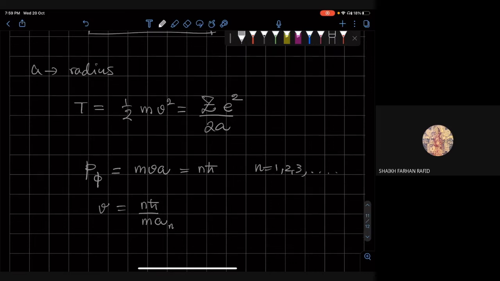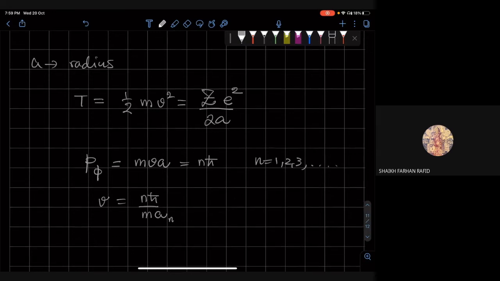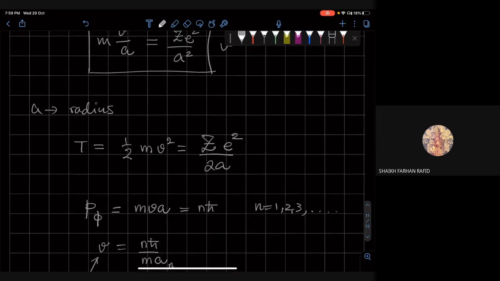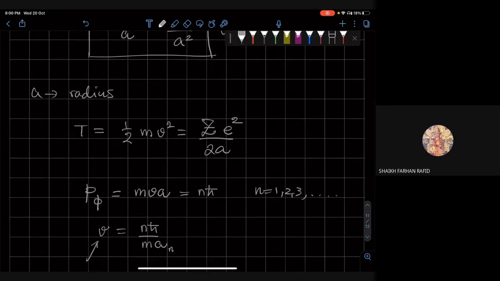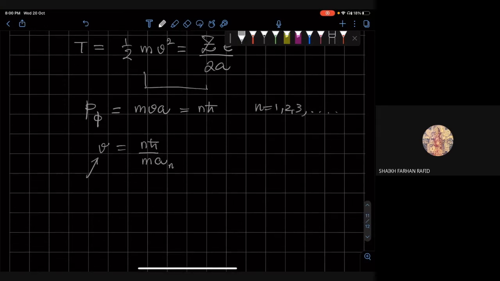Okay, so then what we can do is that we can eliminate v from this equation, and we get the allowed values of a_n, and the a_n are given by n squared h bar squared divided by m Z e squared.